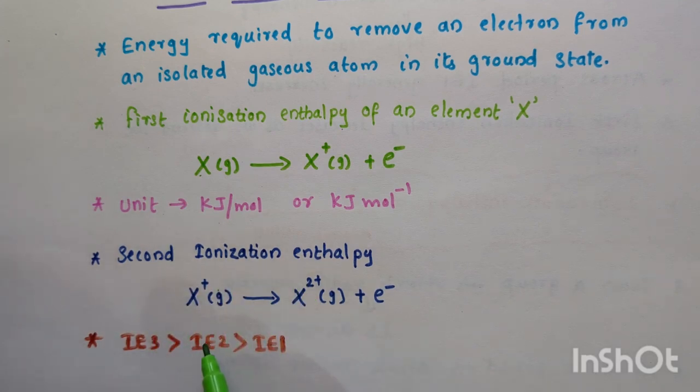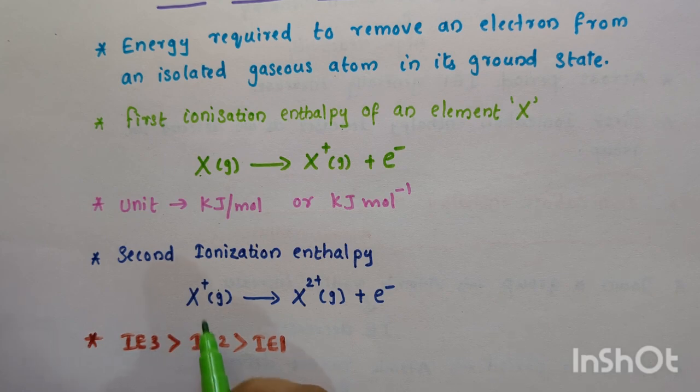The second ionization enthalpy, IE2, is always greater than the first ionization enthalpy, IE1. It is because of the increased nuclear charge and decreased electron shielding. Second ionization enthalpy is the energy required to remove an electron from the X plus ion.